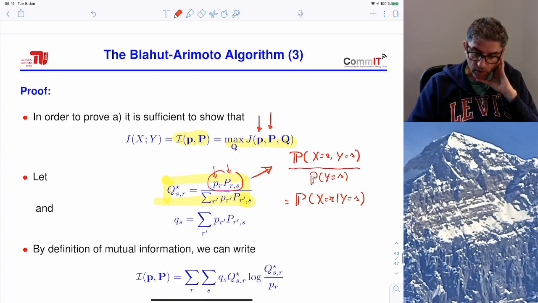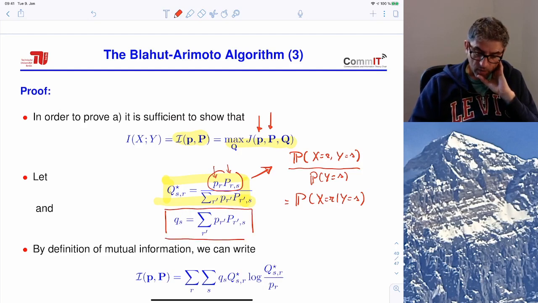Okay, so that's a conditional probability of the input given the output, and D is the denominator, because we are marginalizing with respect to the first variable, the x variable. This is a distribution of the output, right?